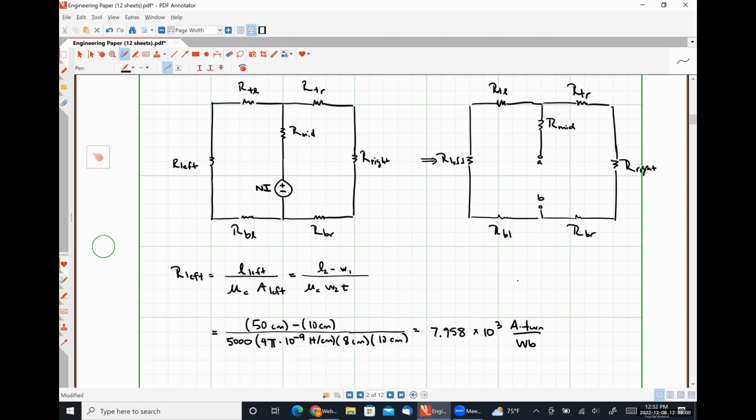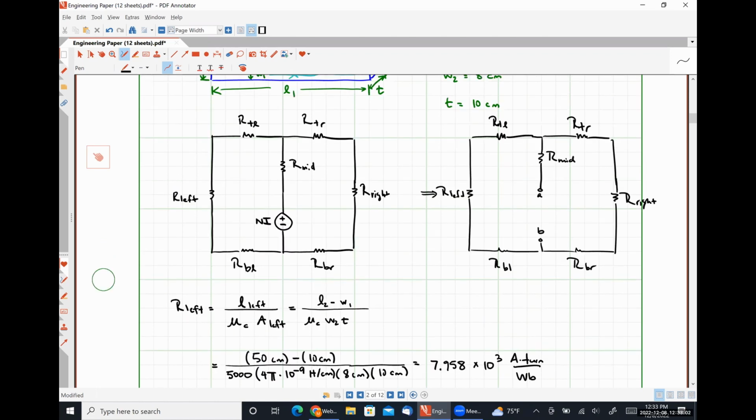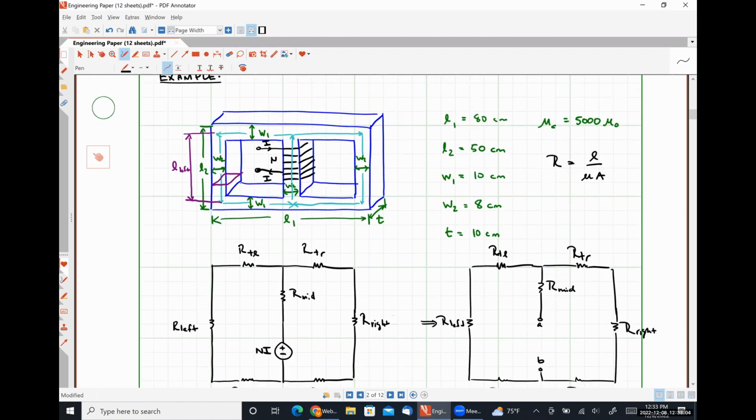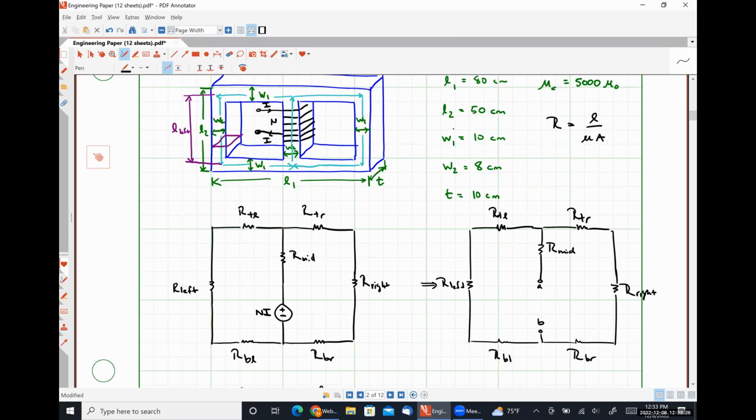All right, so now let's look at things really quickly here, right? Because we have 7 of these things to figure out. Is the size of the middle any different than the size of the left hand? Nope. What about the right hand beam? No. So the middle reluctance and the right hand reluctance are both going to be the same thing as the left hand reluctance, right?